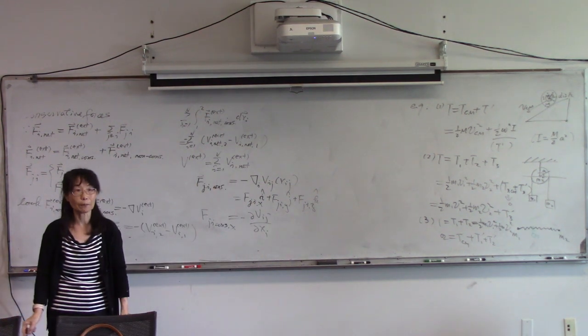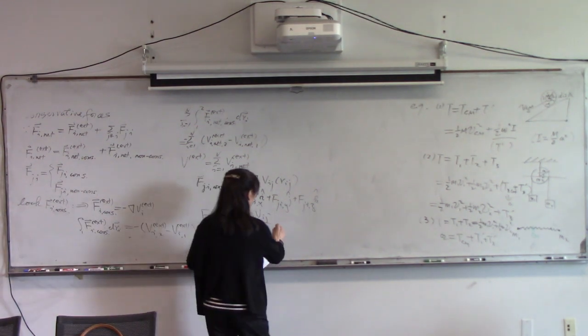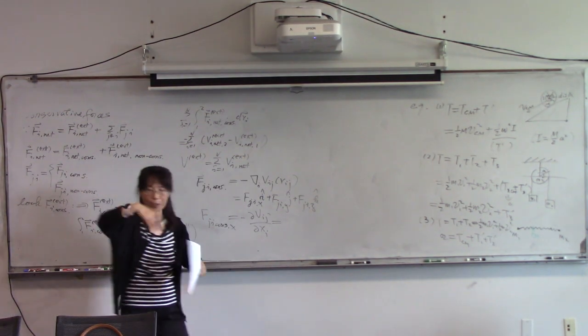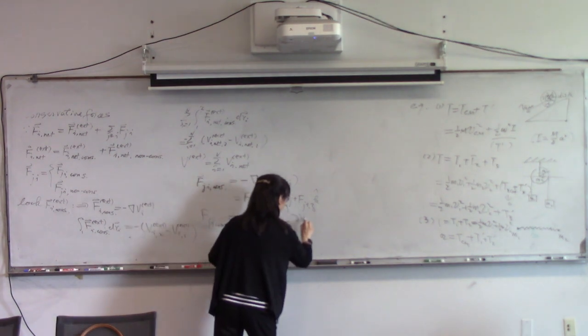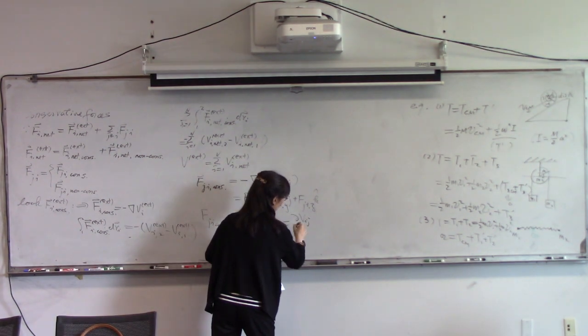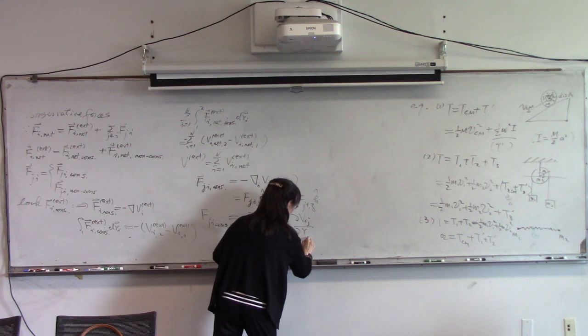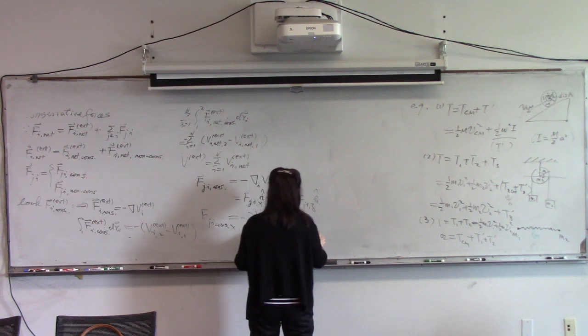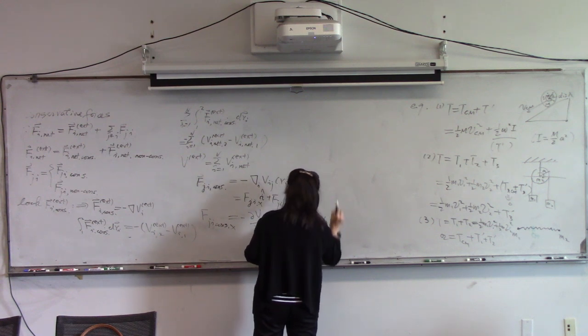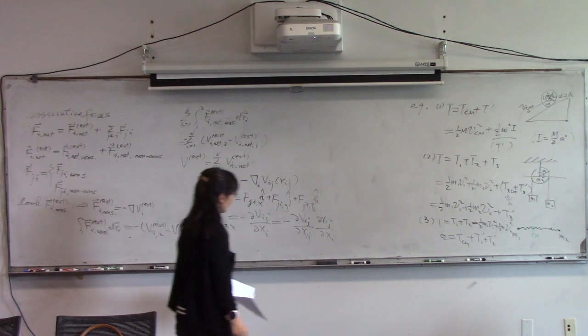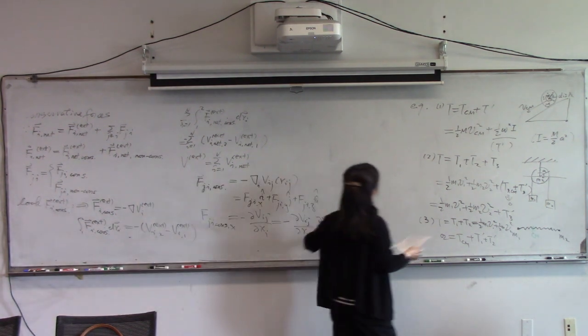By definition. Then I'm going to use the chain rule so that I can take first the partial derivative of Vij with respect to Rij, then the partial Rij with respect to partial xi.